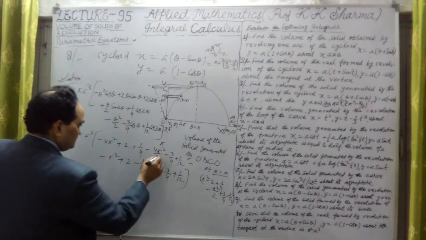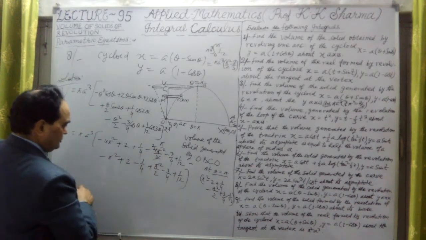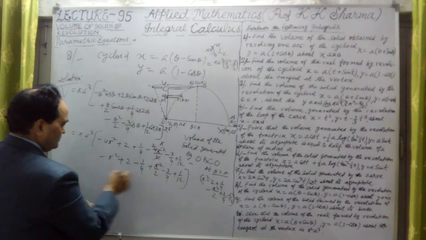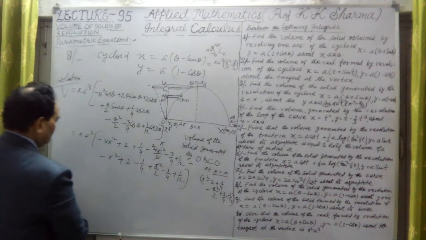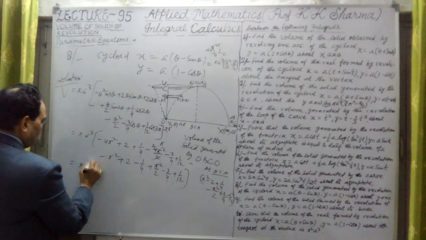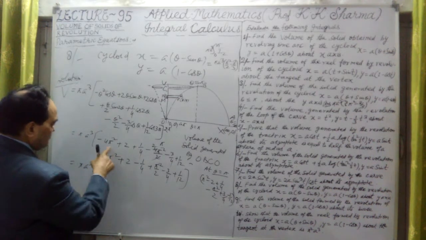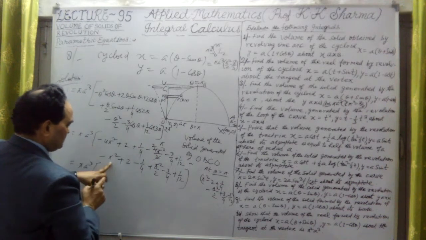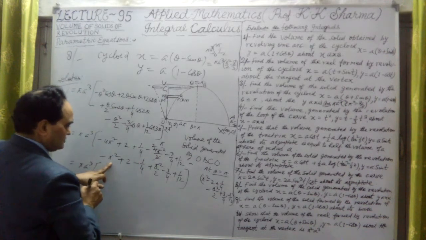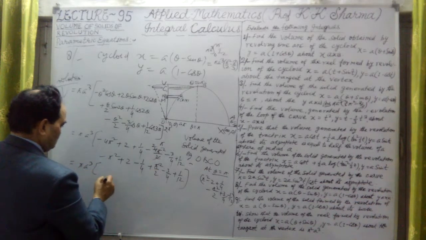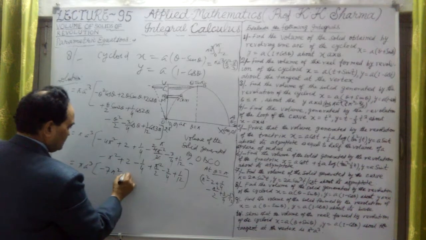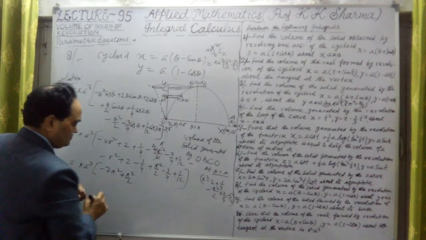Now what do we have? This is 2π². This is minus π², minus 4π², π²/2. Okay. So it is πa³ minus 4π², 2π² minus 6π², minus 7π², and minus plus π²/2. It is minus 7π² plus π²/2.